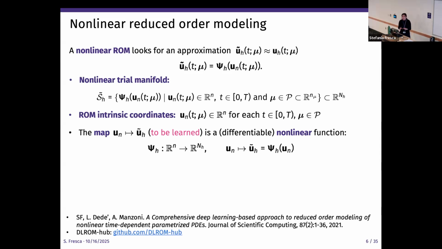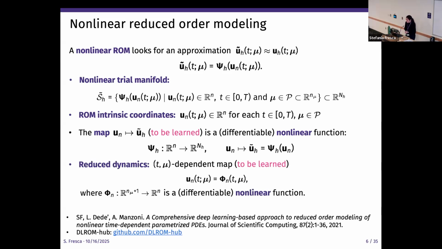But in our case, this function has to be learned. Finally, the reduced dynamics is described by another nonlinear function. Again, it has to be learned, which directly models the relationship between the parameters and the intrinsic coordinates. This relationship was instead intrinsic to the ROM equation in the previous setting.